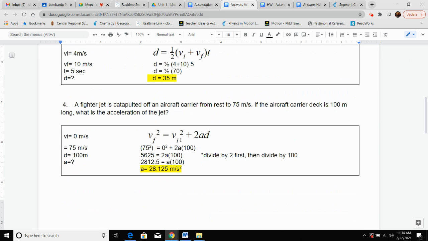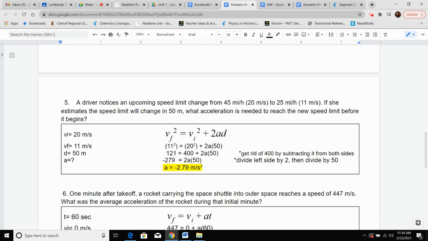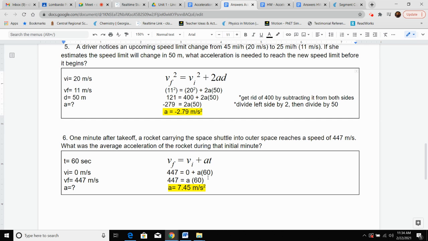So we worked it out. You have to get rid of this guy first, subtracting it from both sides. You can wind up with a negative acceleration, guys, so don't freak out over that. Can't have a negative distance, though, or a negative time. Then kind of go through and work these out.